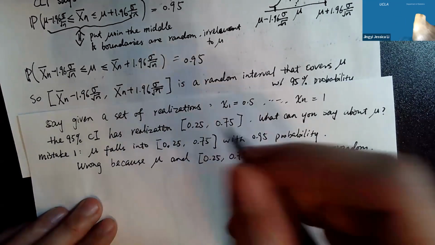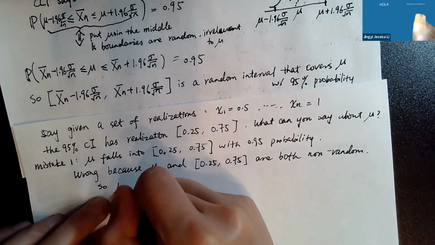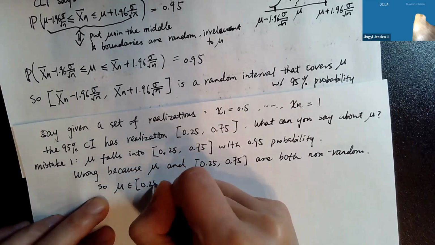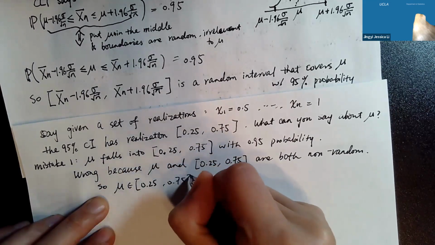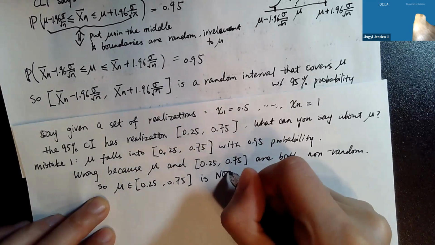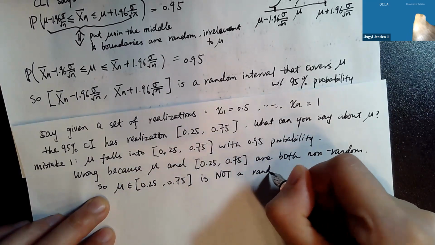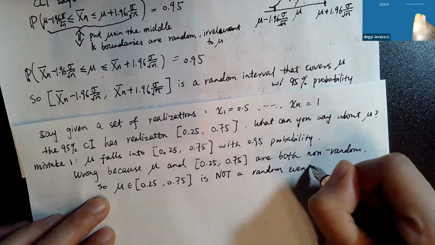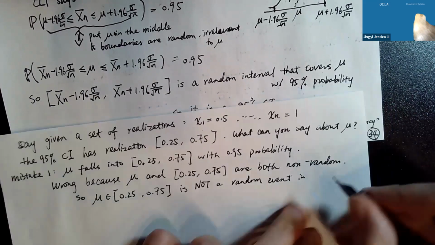So therefore, mu is not a random event in frequentist statistics.